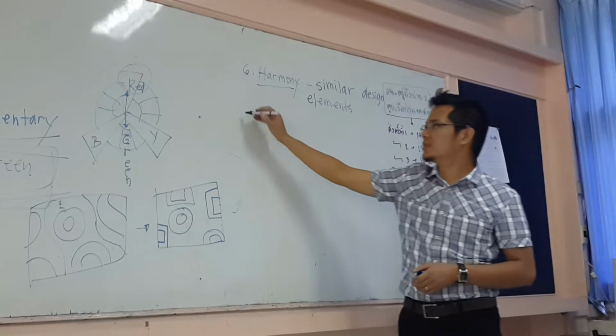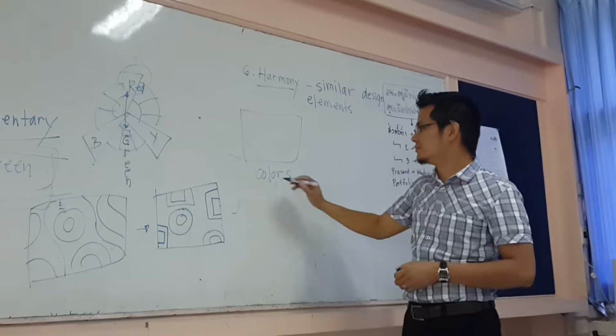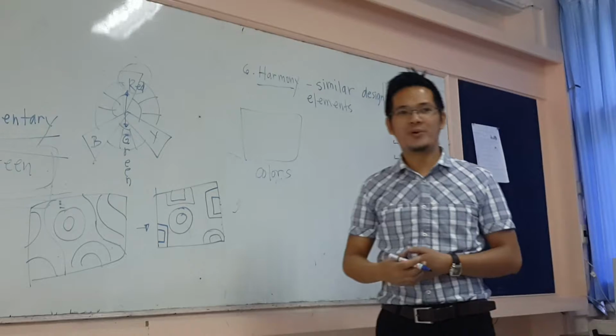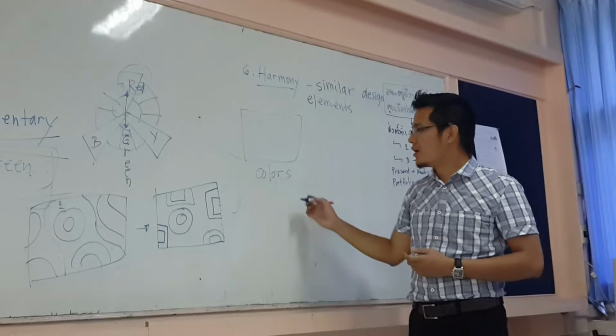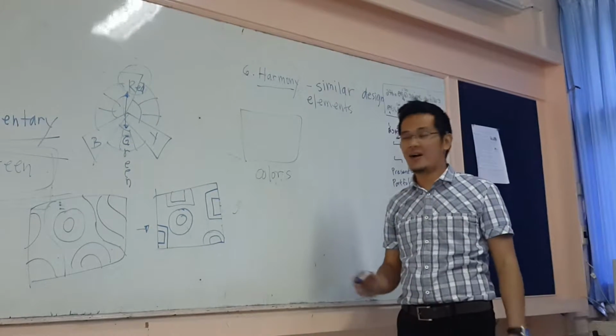Okay, let's give some examples. Colors. So let's go back. Remember your color harmony. I'll give 1 point for the person who can tell me, what color harmony uses similar colors?